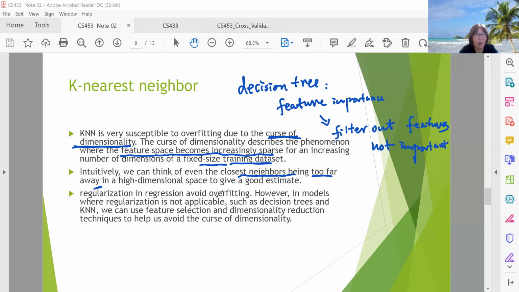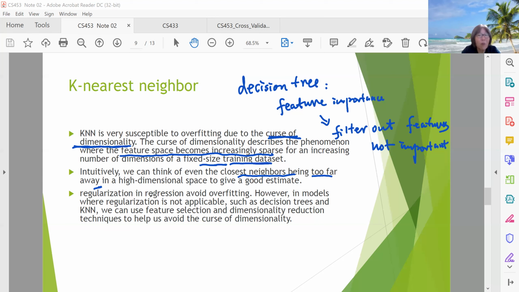So to reduce the impact of the curse of dimensionality, one way is to filter out some non-important features.